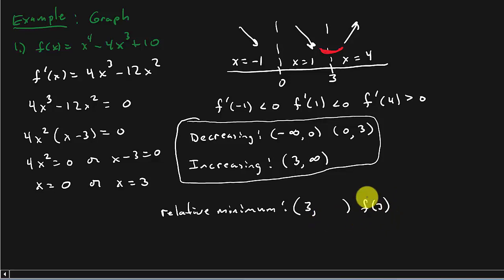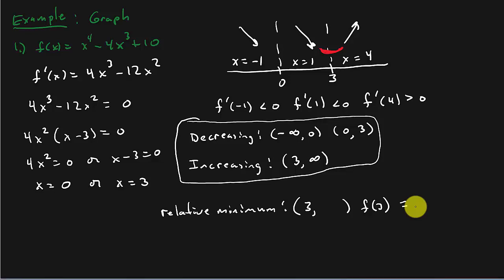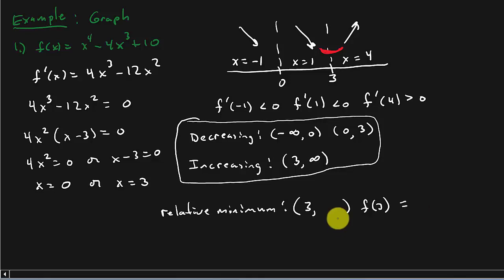We need the y coordinate, so we take the 3, plug it back into the original. I'm gonna have to get my calculator out for this. So that's going to be 3 to the 4th minus 4 times 3 to the 3rd plus 10. And that gives me -17. So (3, -17), we have a relative minimum.